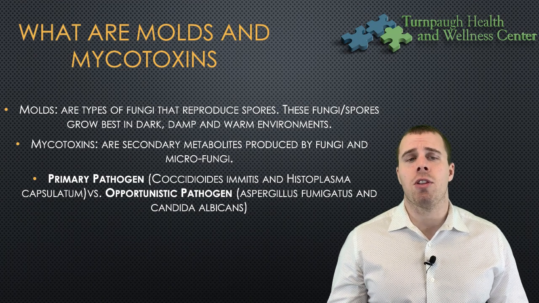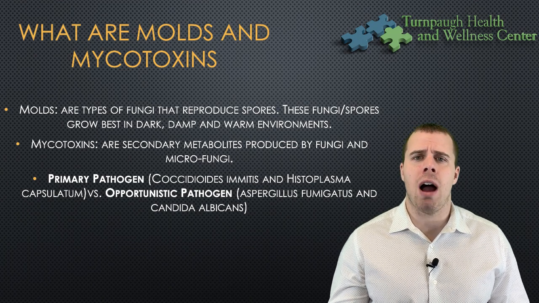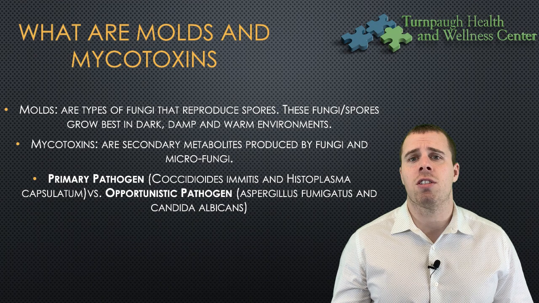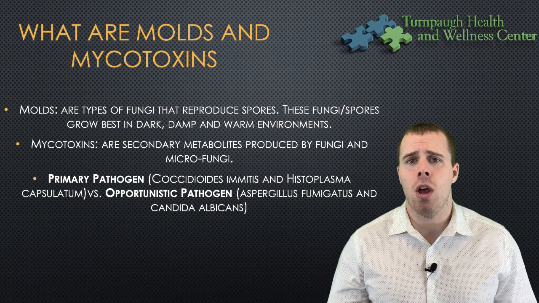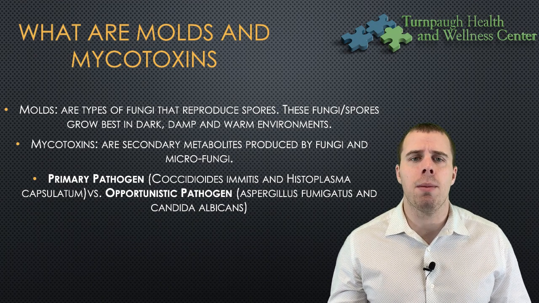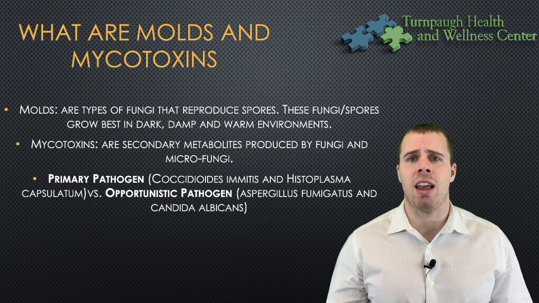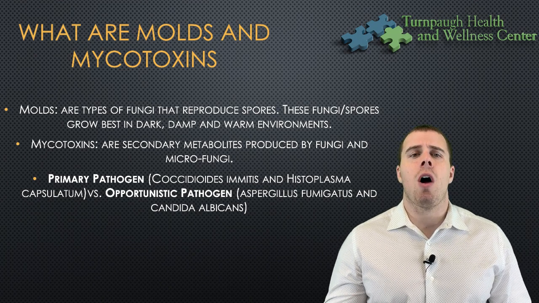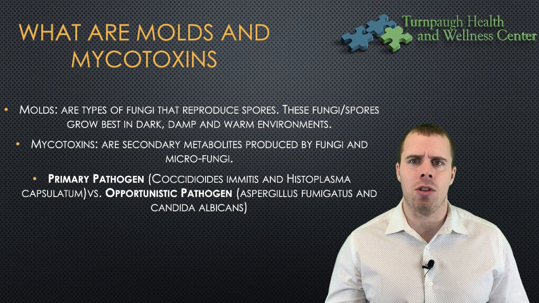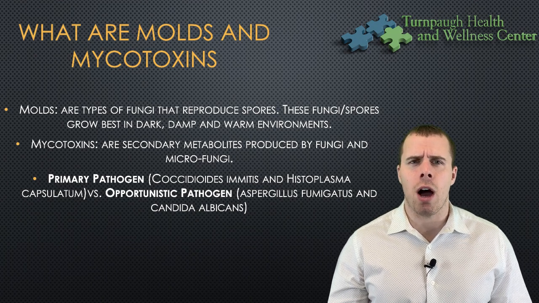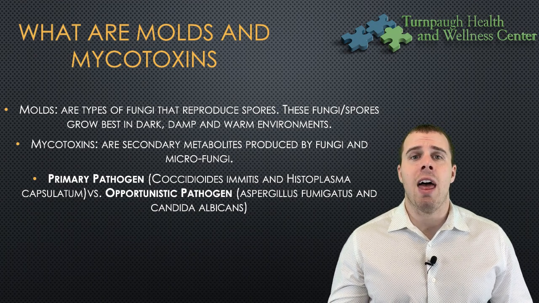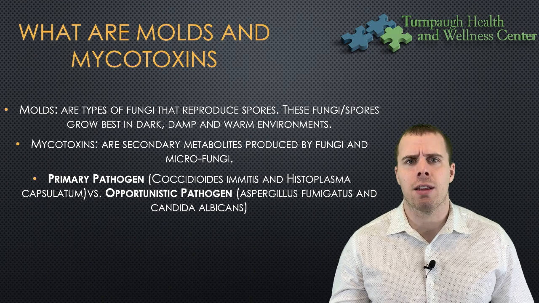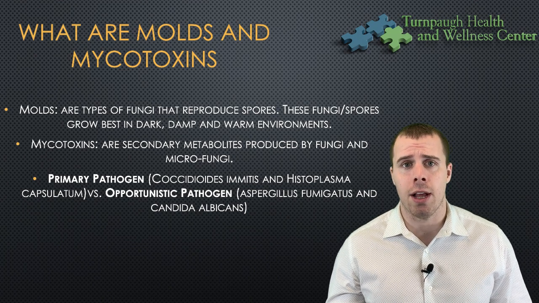And really important here that we establish a primary pathogen versus an opportunistic pathogen. So we can have primary mold pathogens. As you can see here, there are some examples that can create cancer and serious infection and disease. There are opportunistic pathogens, which we're mainly going to talk about today, that can really affect people who are immunocompromised.